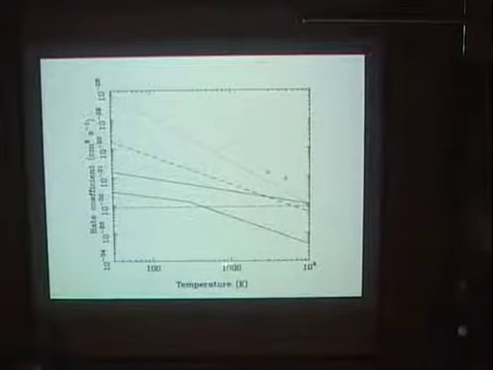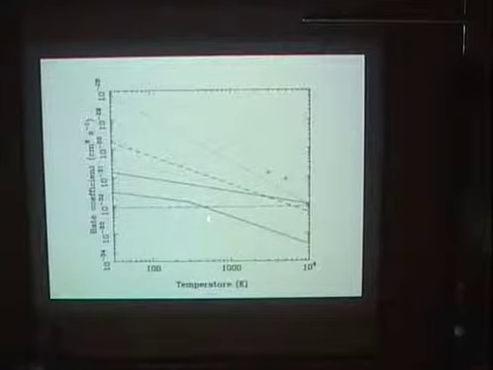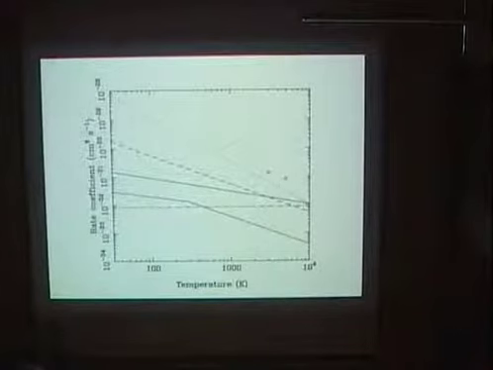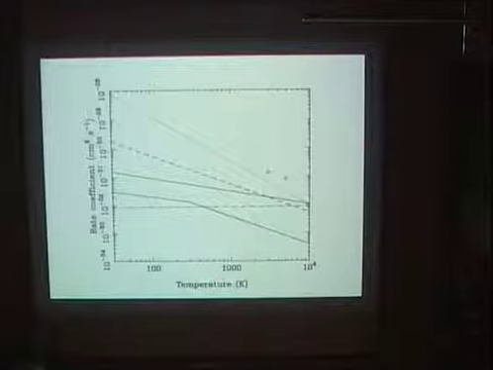We're interested in its value at a temperature of about 1,000 Kelvin, so somewhere between 500 and 1,000. If you look at the scatter in the rates available in the literature, we're talking about a factor of 1,000 uncertainty in this rate coefficient, which, by anyone's standards, is pretty large.